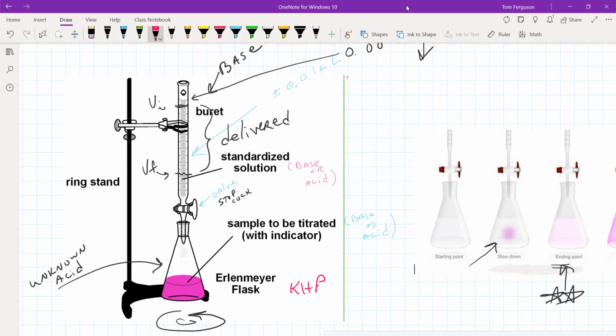Then we dropped the sodium hydroxide into the dissolved KHP acid, so it reached the endpoint, which is that nice pink color. We can use that information to determine the acid concentration or the sodium hydroxide concentration, whichever is unknown.